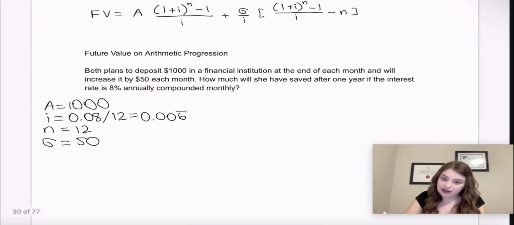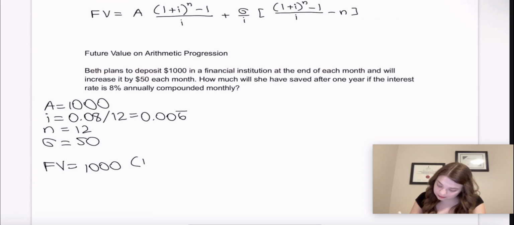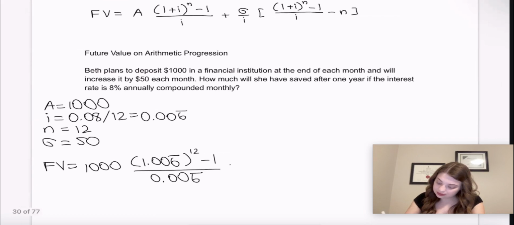Okay, so future value is equal to A, so $1,000, times 1 plus I to the power n, so that's going to be 1.006 repeating to the power of 12 minus 1, all over 0.006 repeating, and then plus G over I, so plus 50 over 0.006 repeating.